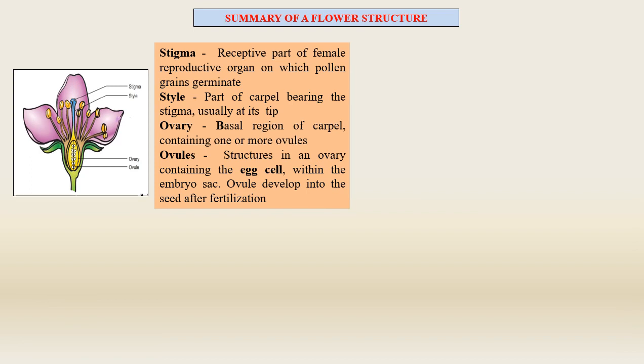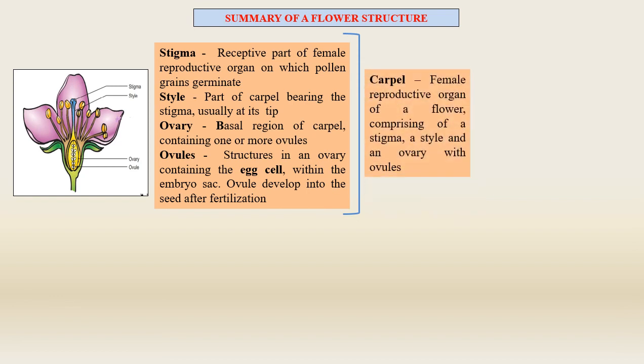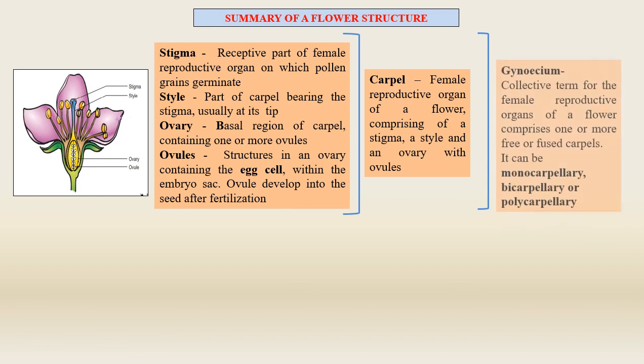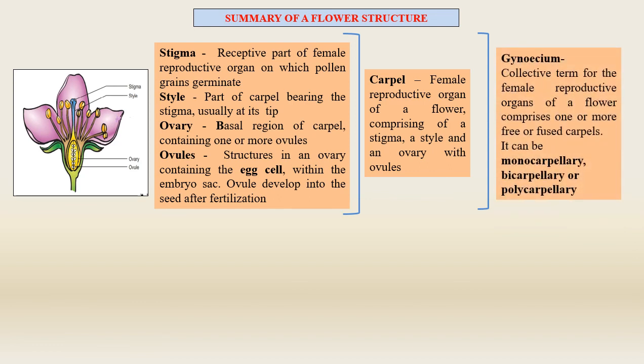The ovule develops into the seed after fertilization. Carpel, female reproductive organ of a flower comprising a stigma, a style, and an ovary with ovules. Gynoecium, collective term for the female reproductive organs of a flower, comprises one or more free or fused carpels. It can be monocarpellary, bicarpellary, or polycarpellary.